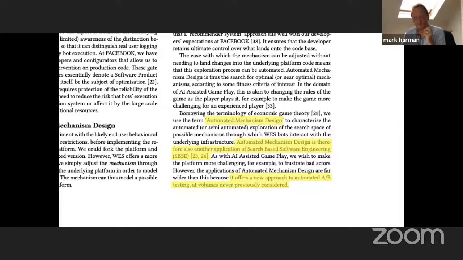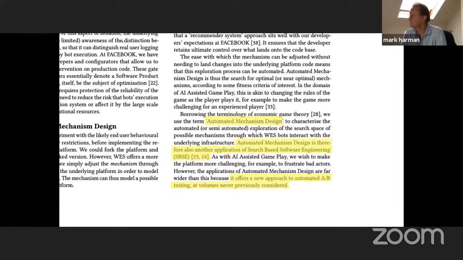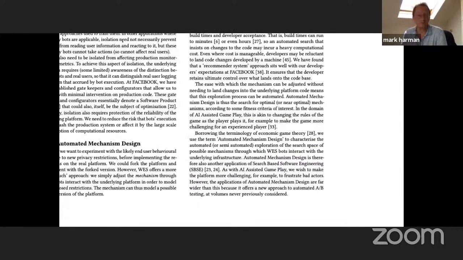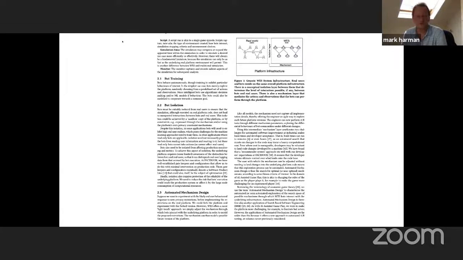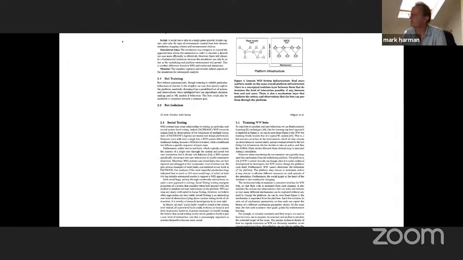If we could simulate real users on the real infrastructure and use mechanisms to search the different kinds of products that we might offer and the ways we might constrain and enhance them, then we could do that orders of magnitude faster than we could with A/B experiments, and in a more experimentally controlled environment. So I think this idea of automated mechanism design is a potentially interesting and exciting one in the paper. I'd love to discuss that with people.